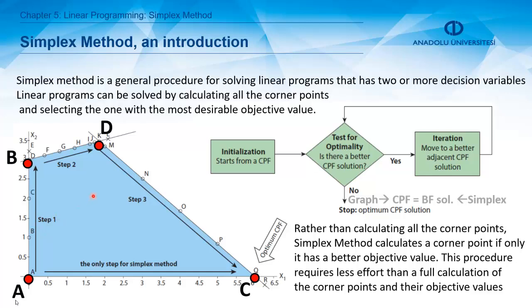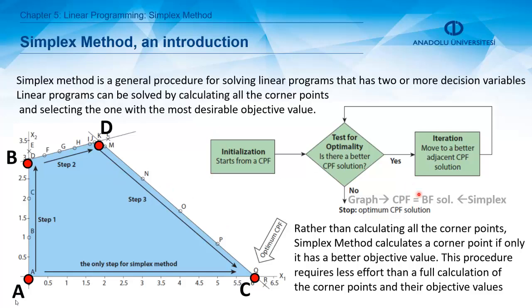Linear programs can be solved by calculating all the corner points and selecting the one with the most desirable objective value. Rather than calculating all these corner points, Simplex Method calculates a corner point only if it has a better objective value. This procedure requires less effort than a full calculation of the corner points and their objective values.